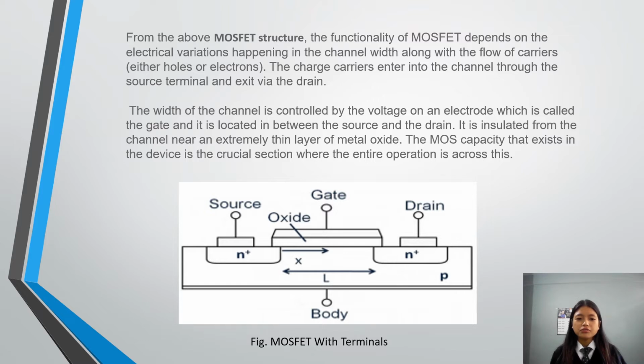It is insulated from the channel by an extremely thin layer of metal oxide. The MOS capacitor that exists in the device is the crucial section, as the entire operation revolves around it. And this is the figure of the MOSFET with terminals.